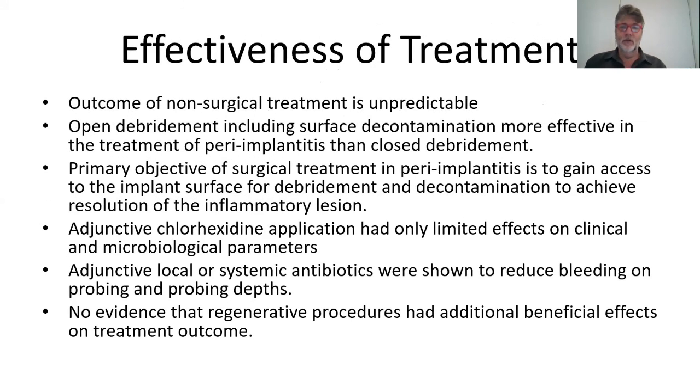I prefer to use something like BioOss, which is a hydroxyapatite, because you're not trying to get osseointegration, you're just using it as a bone filler. And these hydroxyapatite bone substitutes don't resorb, so you don't really need to protect them from the oral environment.